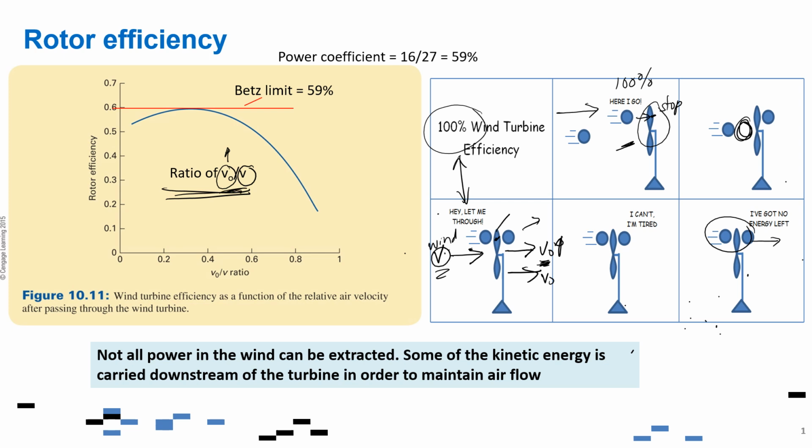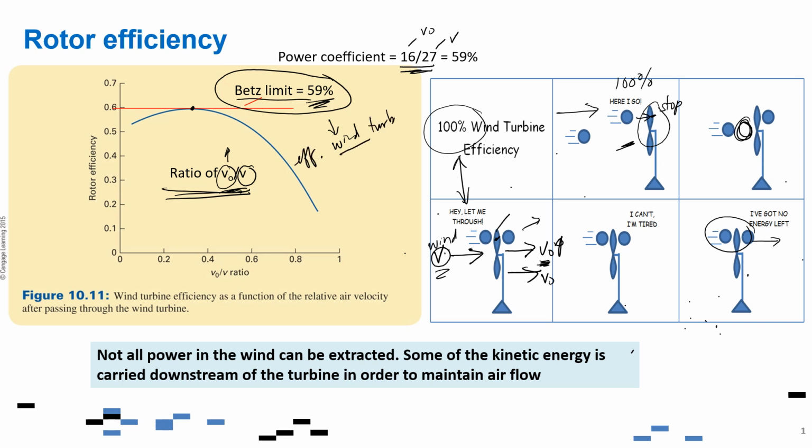The ratio of these, based on some calculation and experimentation, is what we call the Betz limit. This is the theoretical maximum efficiency, 59%, or through the power coefficient, this is V sub 0 over V, the ratio between the two. So the Betz limit is the theoretical highest efficiency of a wind turbine.